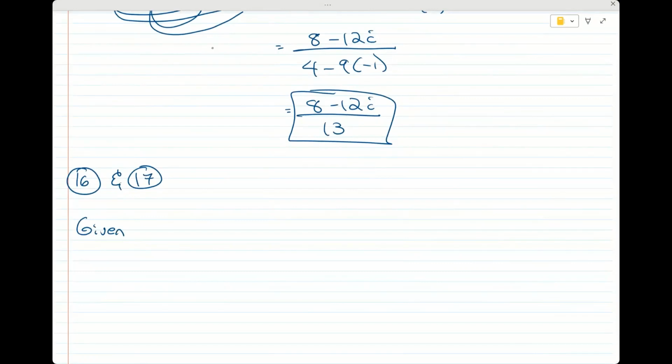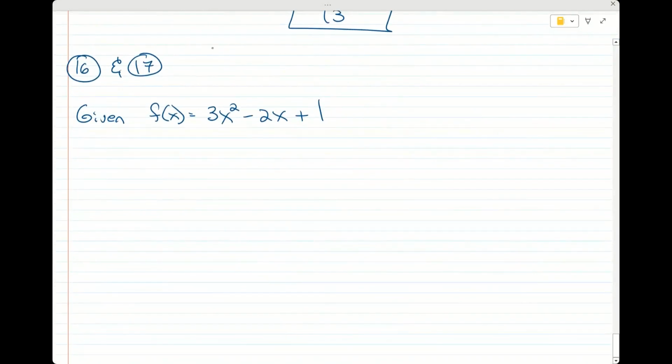Okay, so let's say given f of x is equal to 3x squared minus 2x plus 1. It's going to ask you for 6 different things. First thing it'll ask you for is to find the vertex.